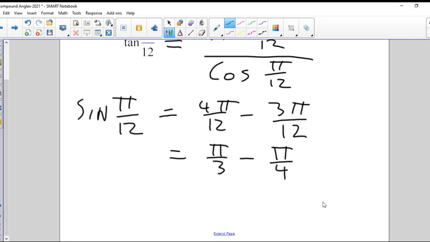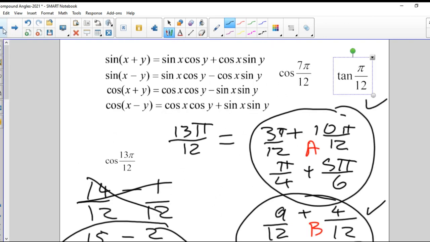All right. So let's go back to the page that has all the formulas on it and tell me which of these do I now need. In fact, let me number them for you. So let's call this 1, 2, 3, and 4. Which of those formulas do you think we need to get the sine of pi over 12?